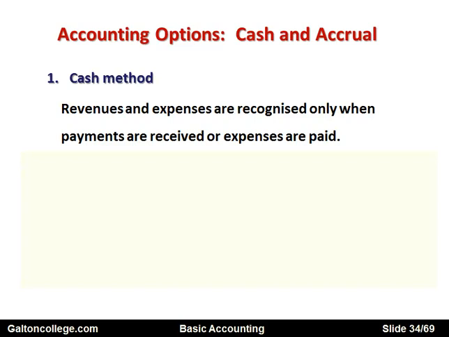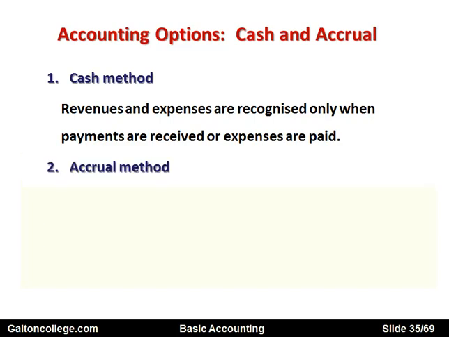We only enter into the accounts when revenues are received or when expenses are paid. It's the point of expenditure, the date on which we pay for the expenses. It's entered into the account as that particular expense is paid. And likewise, we only enter into the accounts when we receive revenue, and this is known as the cash method.